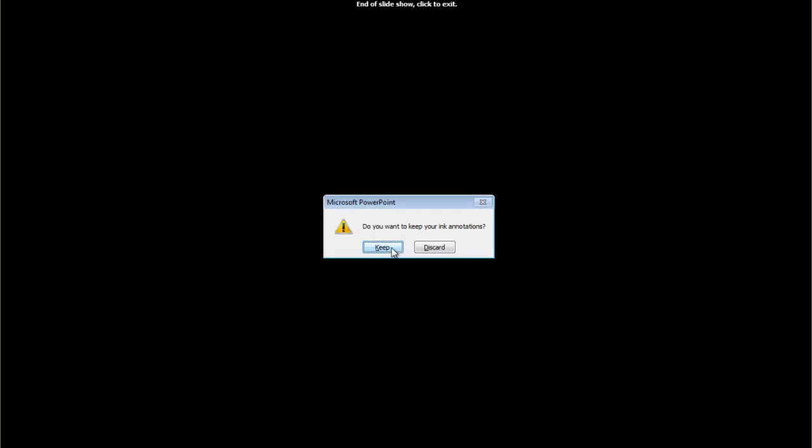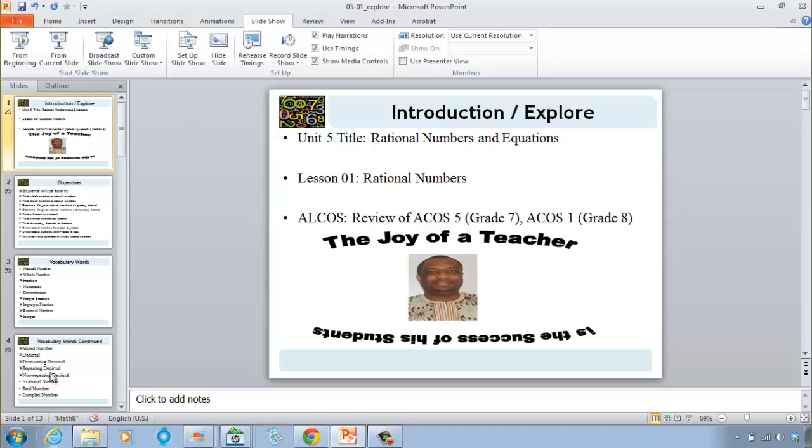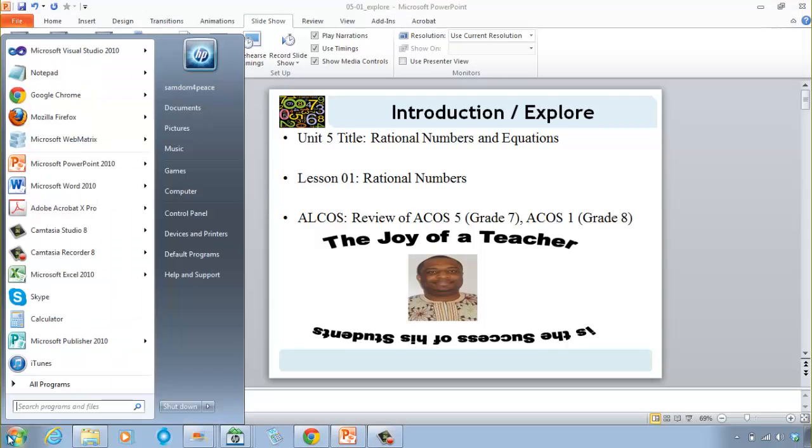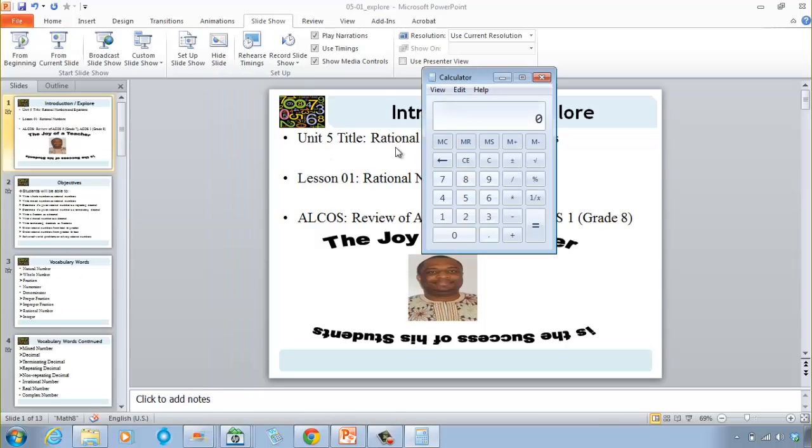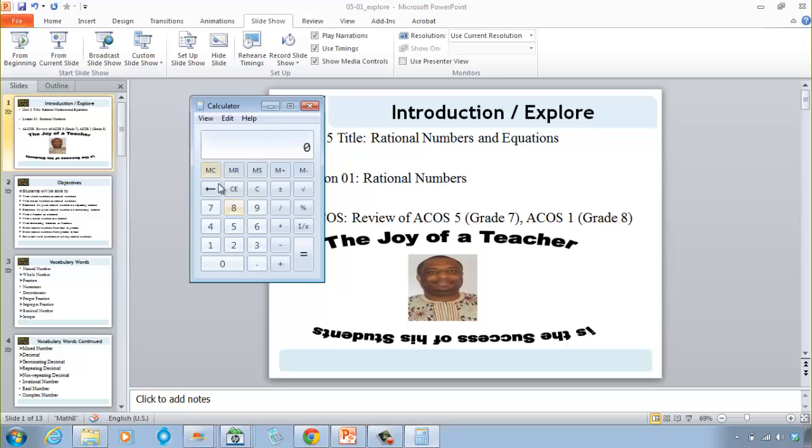So, if you go to your calculator in the computer, you can type in calculator here to bring it up. When you go to your calculator, you have it in standard view. You don't see the value of pi here, right? Let's find the value of pi.